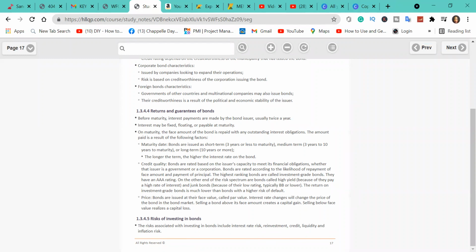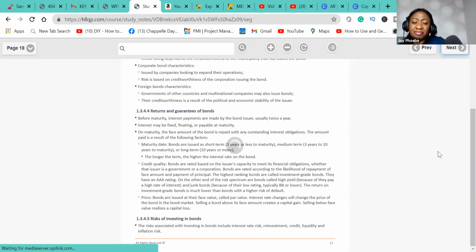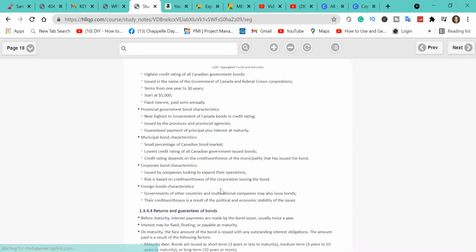It is the ability of the individual, the government, or the corporation issuing the bonds to pay you your money back plus the promised interest rate. And then liquidity: what is the liquidity in the market? And of course, inflation is the biggest risk.